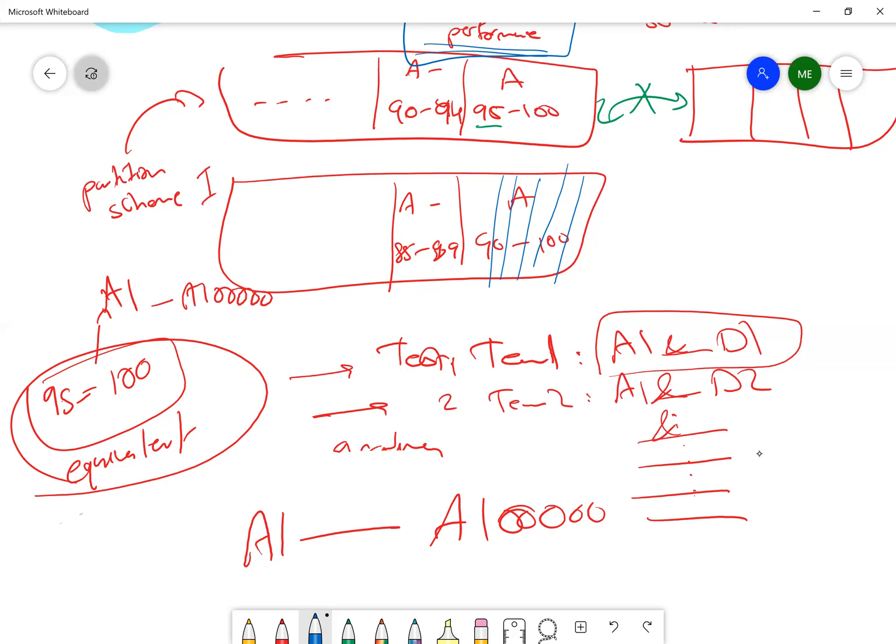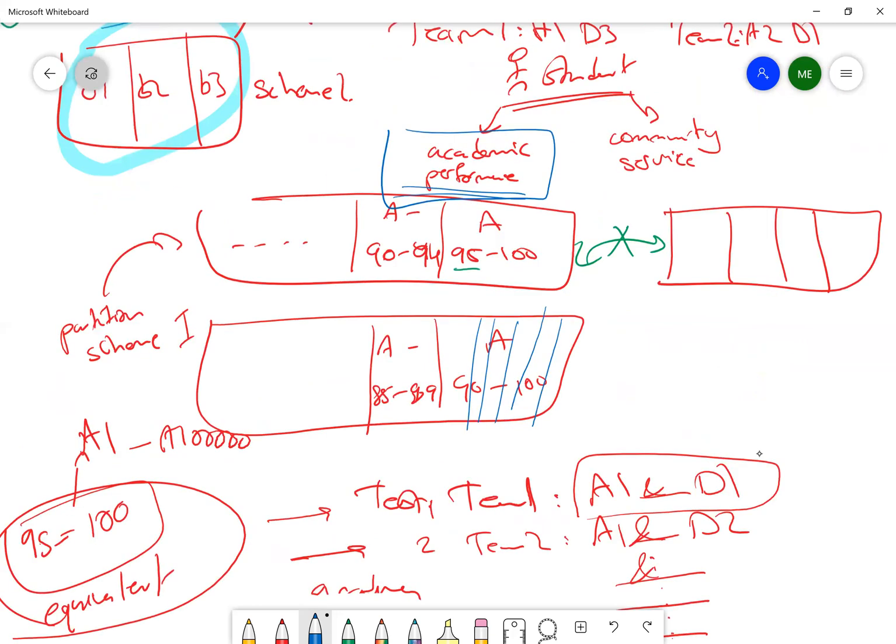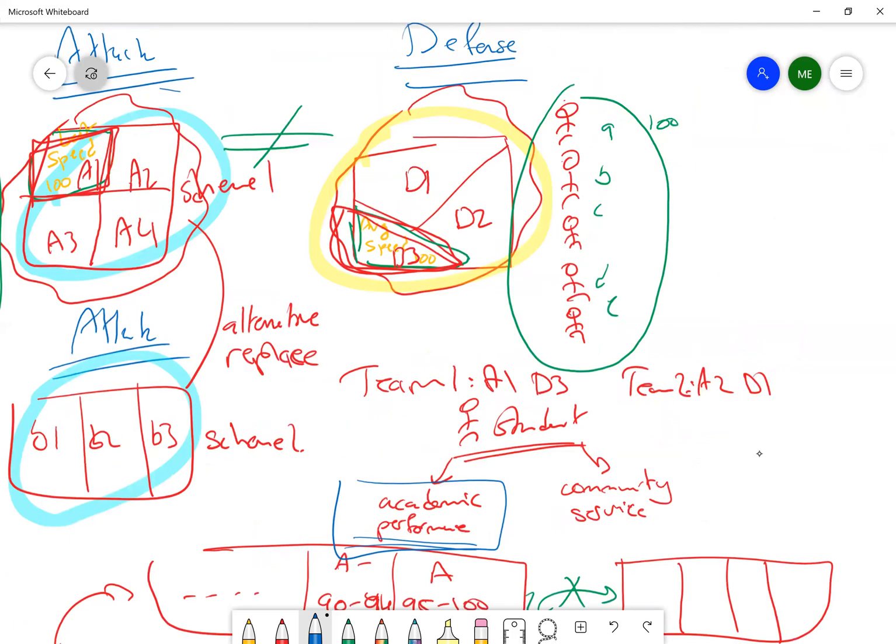Going back to here, we said we have categories A1, A2, A3, A4 in attack, and in defense we have D1, D2, and D3.